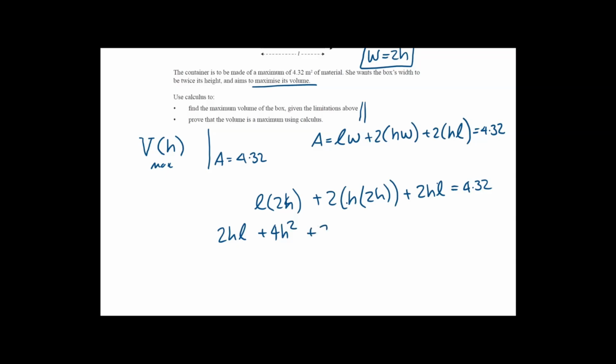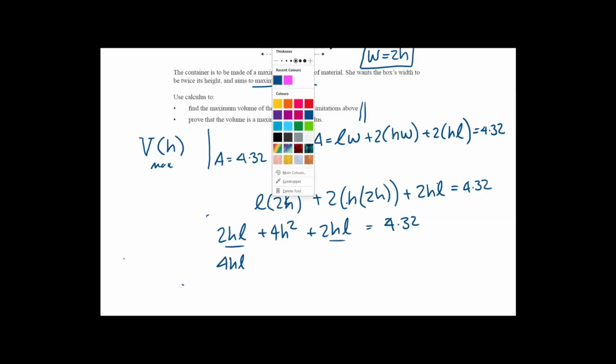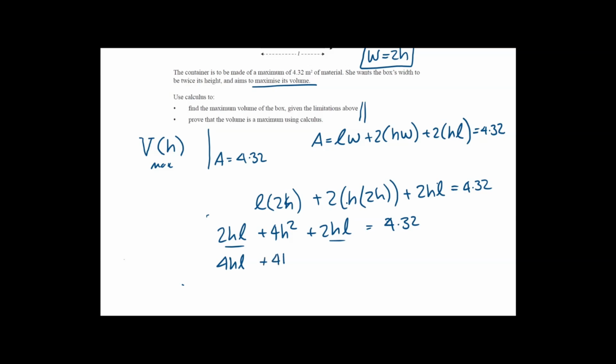Plus 2HL, we have the same term here, equals 4.32. So 4HL plus 4H squared equals 4.32.